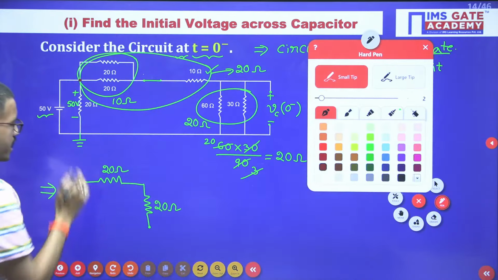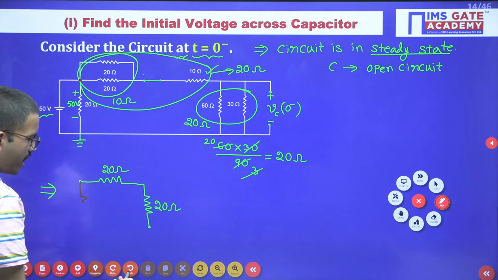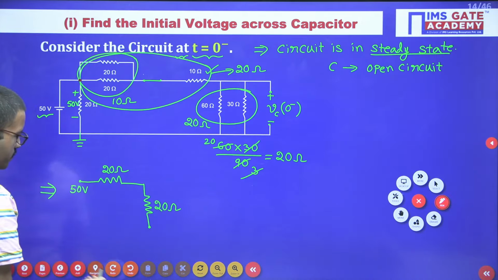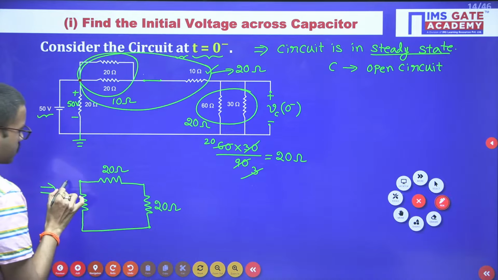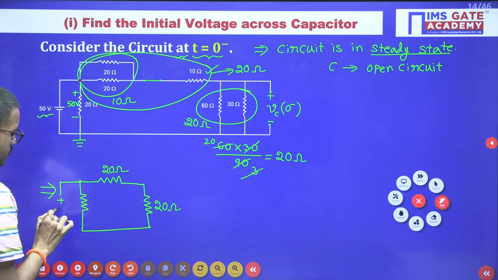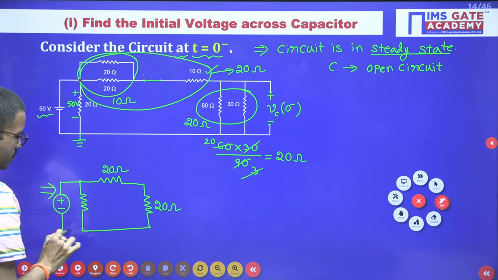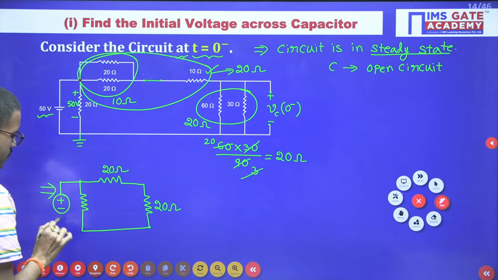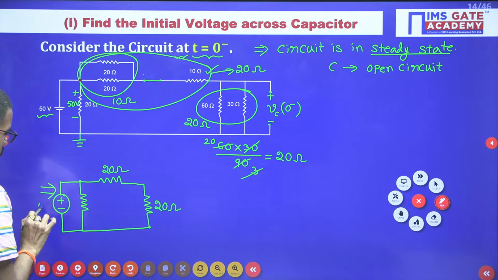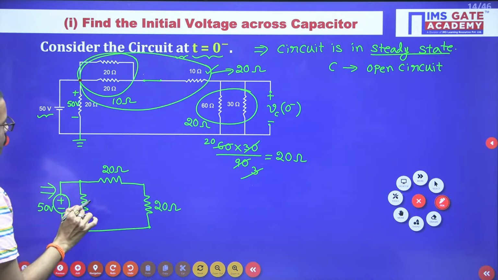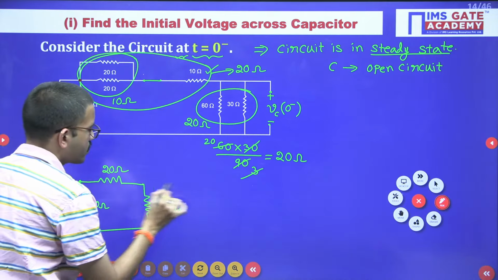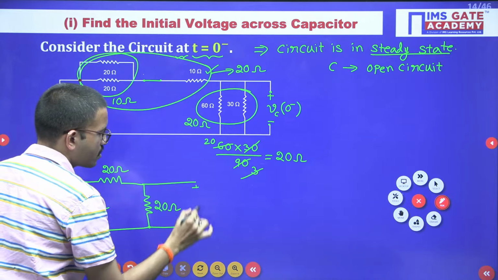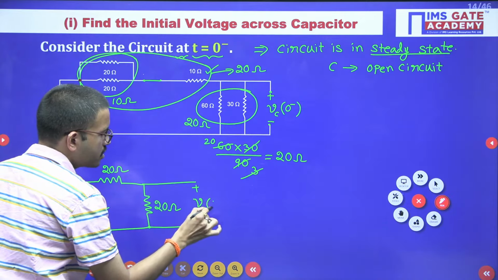If you want, you can connect these two, but the other resistor value for the time being is not required. Here 50 volts, then 20 ohm, then 20 ohm, 20 ohm. Now can you tell the voltage across this 20 ohm resistor?